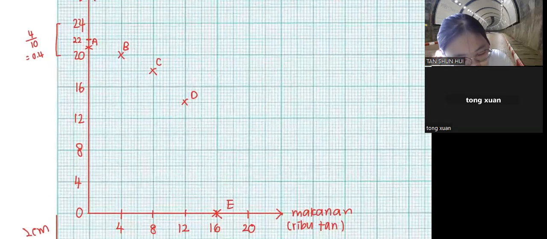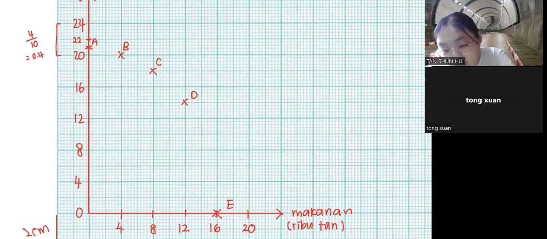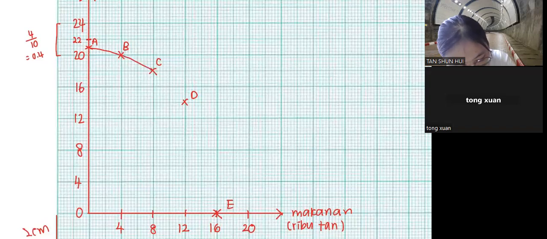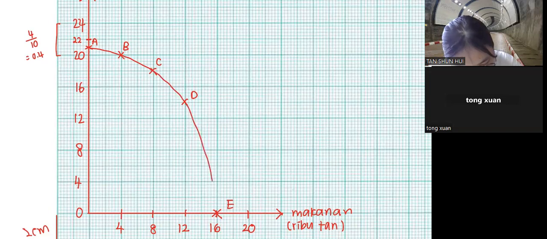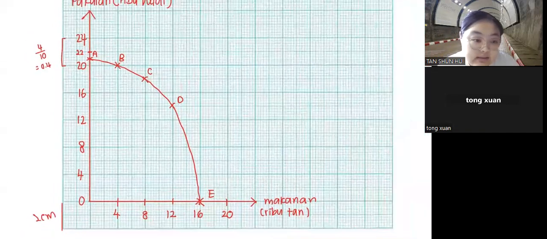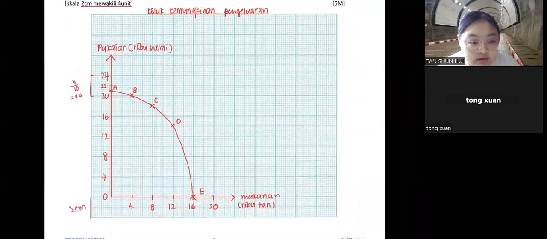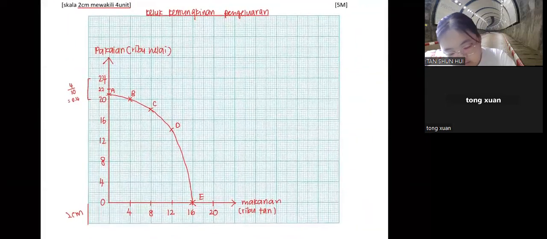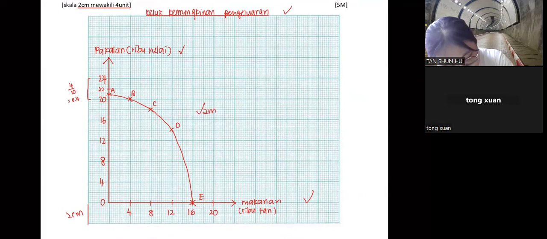Okay, only the KKP is freehand, okay. The leftover, you got to use a ruler, yeah. Like this. If you're able to draw until here, you will get 5 marks. So like 1, 2, 3, 4, 5. Okay, can.